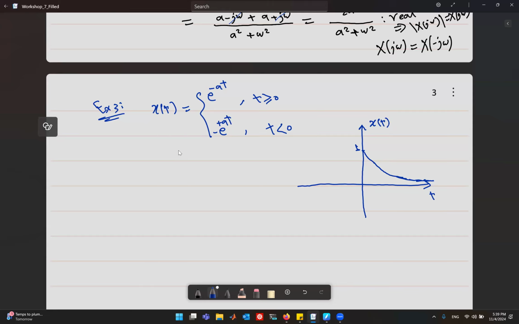So it starts from 0 when t is minus infinity, and then decays until we reach t equals 0. We hit the -1 here. Something like this.